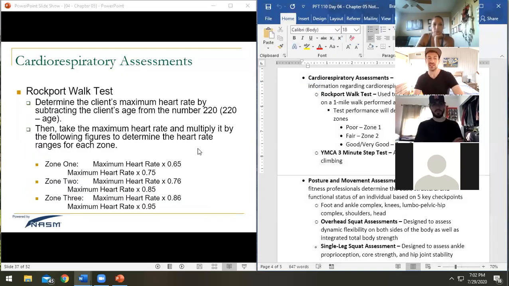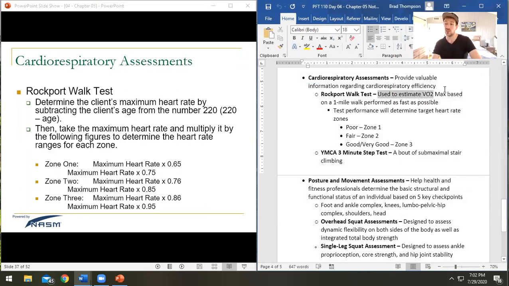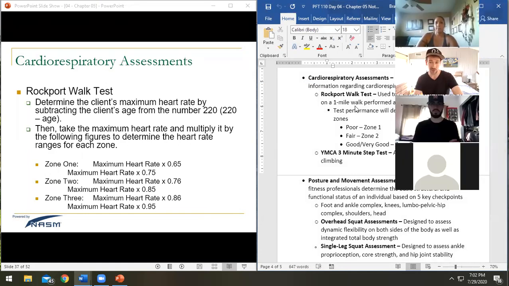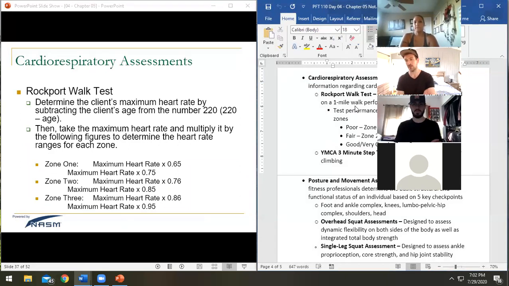The Rockport Walk Test is a cardio assessment that is used to estimate your VO2 max based on a 1-mile walk performed as fast as possible. So you want to put your client typically on a track when you're doing this, although it can be done on treadmills. The problem with treadmills, though, is that they tend to let your client relax, or they might push your client too hard, and they go into this kind of half jog thing.